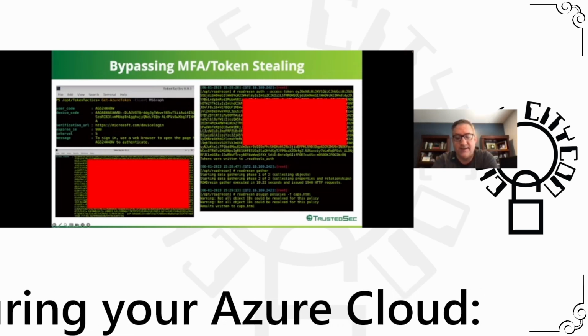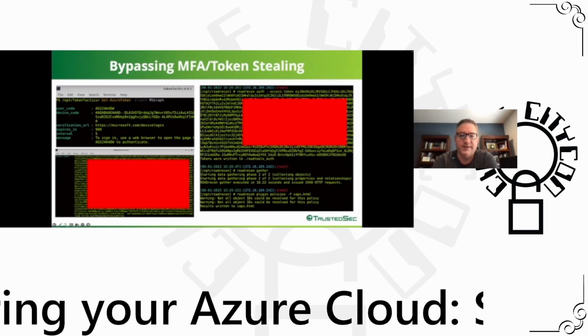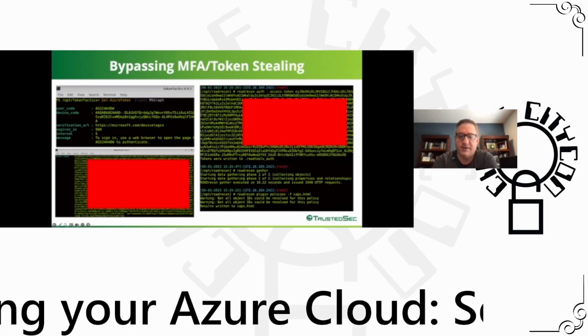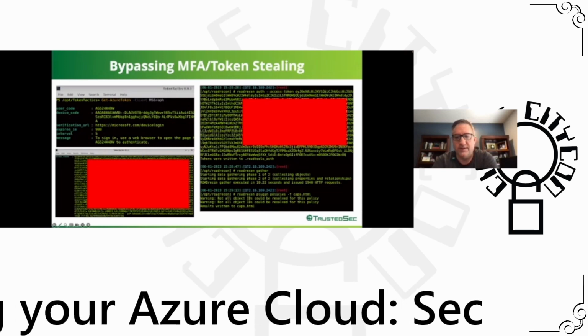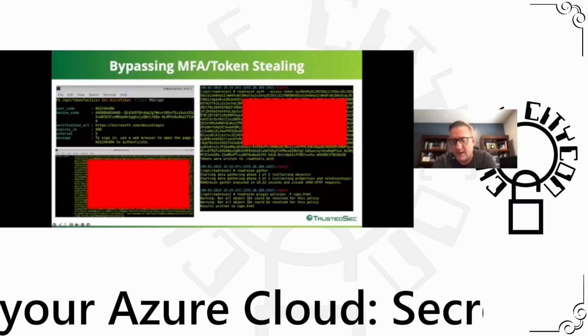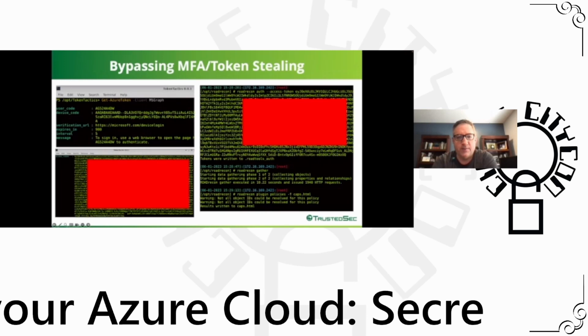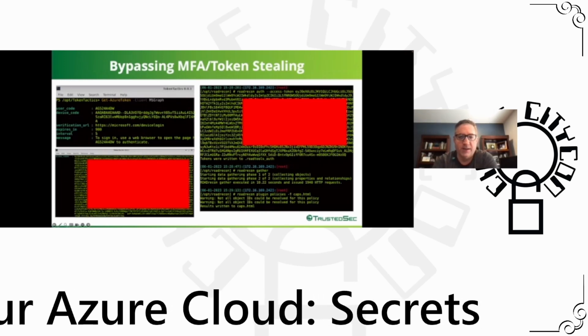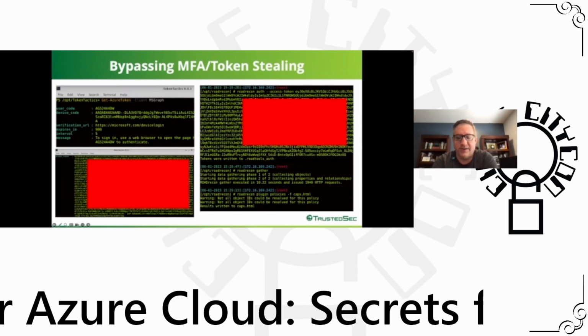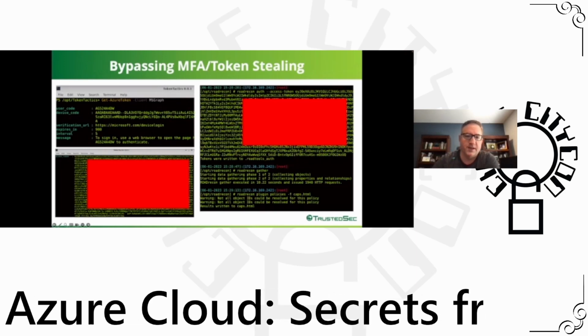In the next couple slides, I'm going to show you a really devastating attack that can occur in a matter of a few minutes on just a regular end user account. ROADrecon and TokenTactics aren't the only places where you can get tokens.